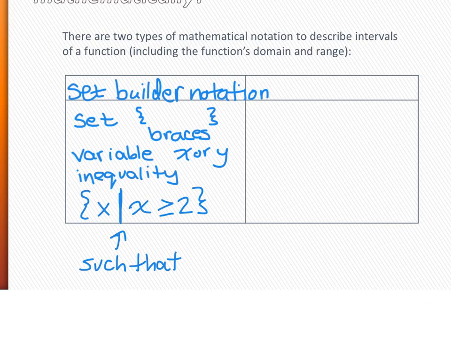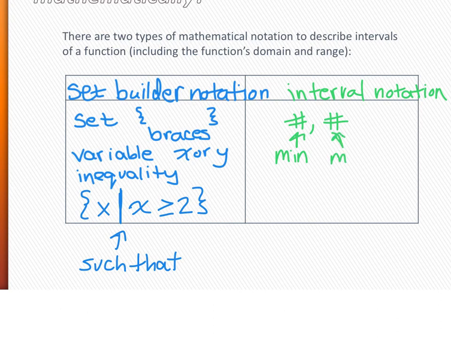The second style is called just interval notation, and interval notation is shorter. Interval notation uses two numbers. So you're going to have a number, comma, number. That first number is the minimum in the interval, and the second number is going to be the maximum.